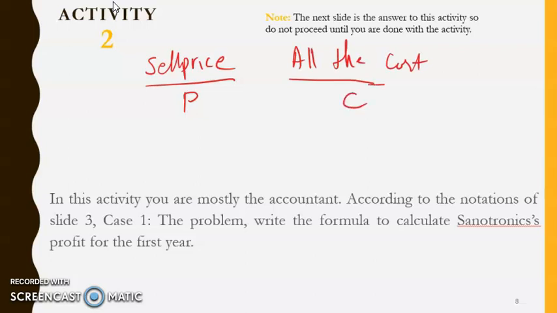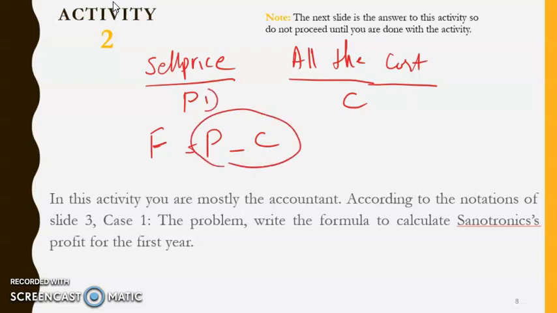If it asks you to write the formula that can calculate the profit, you would say P minus C equal to profit, I'm going to notate it with F. Why was it this simple? Because we had only 2 parameters. One was selling price and the other one was all the costs regarding production or manufacturing of the things that we are working with.